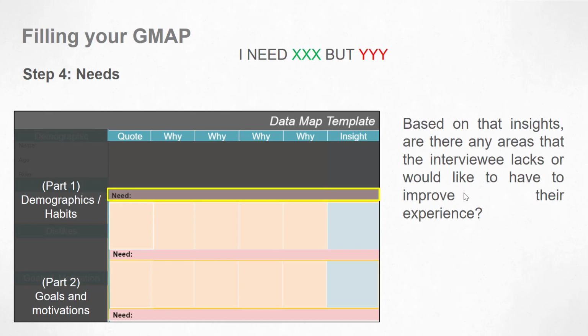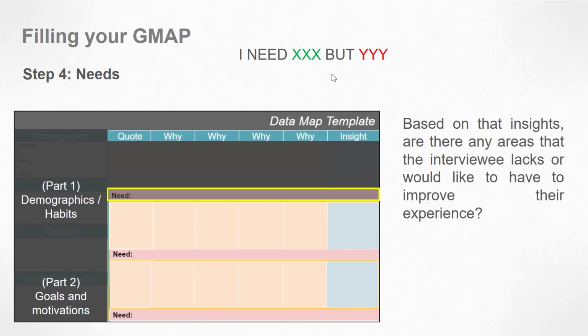So in step 4, that is where we are looking for some needs about the interviewee. So when I talk about needs, I'm actually referring to whether the interviewee lacks or would like to have something in order to improve their experience. In general, the need comes in the format that you see here.